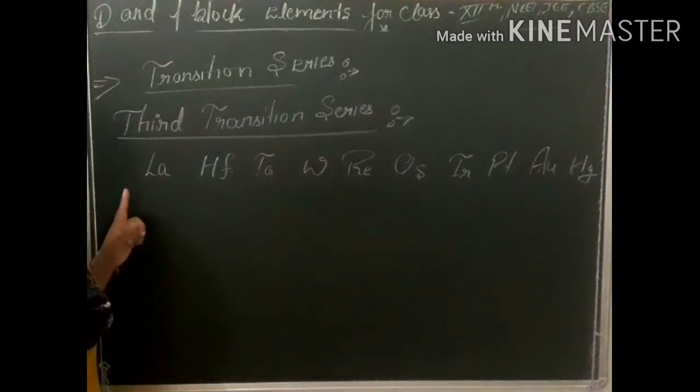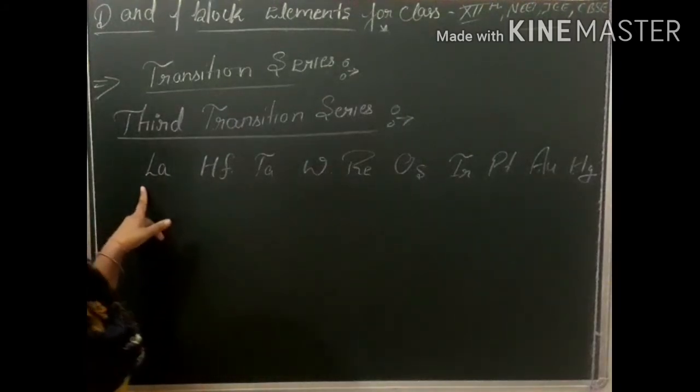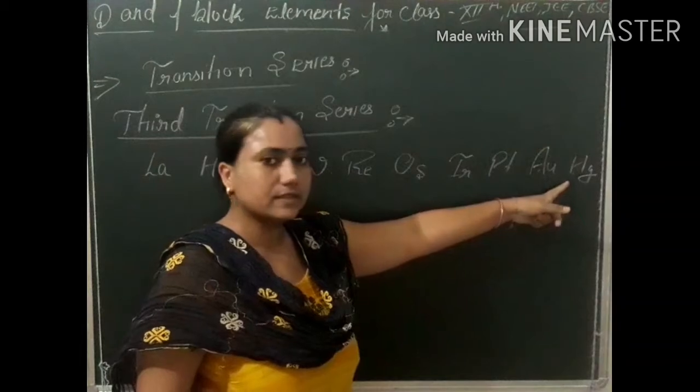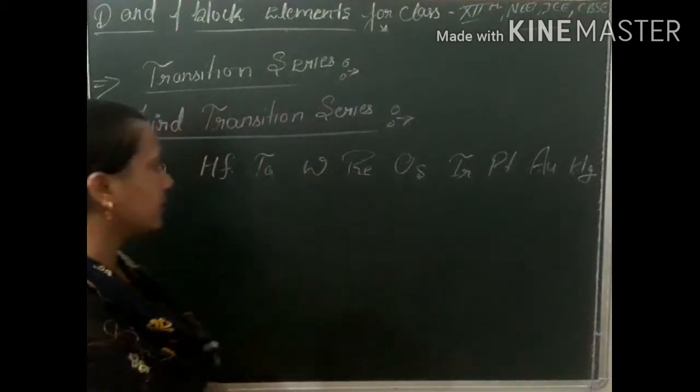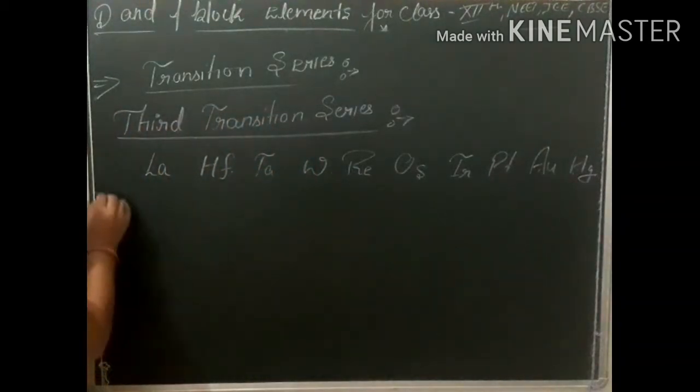The third transition series starts from lanthanum, and the last element of the third transition series is mercury.